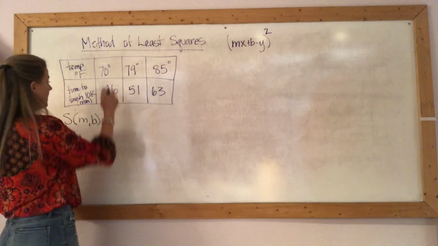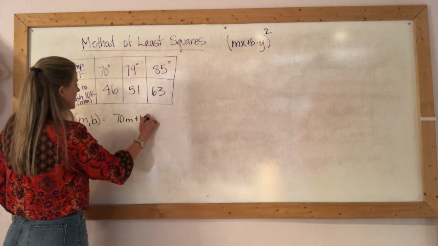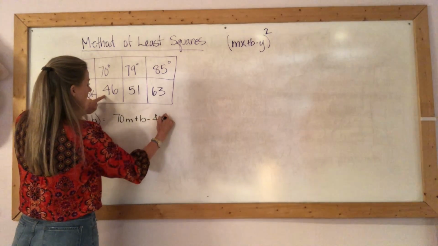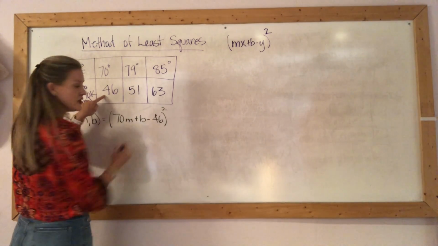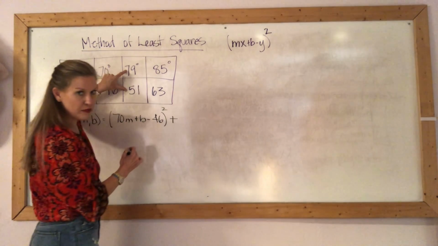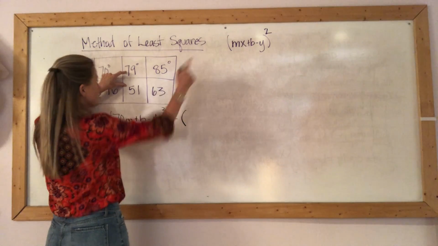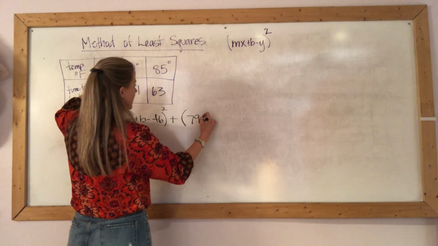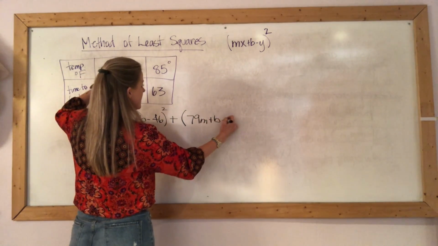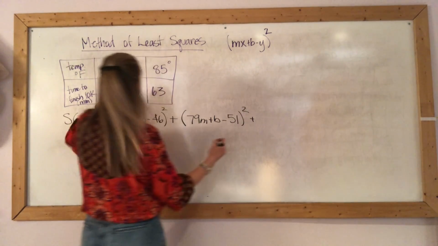So here, I'm going to do 70m plus b minus the y coordinate, quantity squared. And then I move to this next one. I will sum these, and I'm going to do the same exact structure: 79m plus b minus 51 quantity squared.